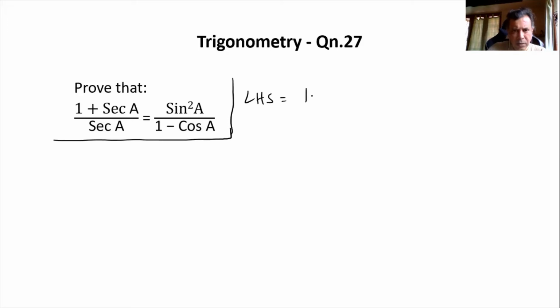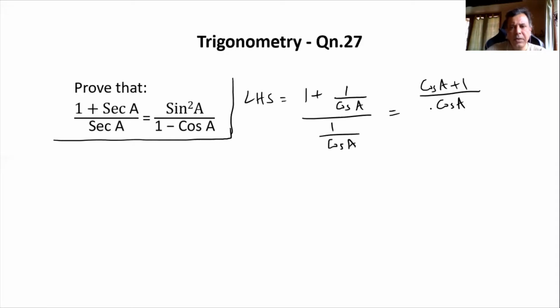I can write it as 1 plus secant A can be written as 1 by cos A divided by 1 by cos A. In the numerator, the LCM will be cos A. So cos A plus 1 divided by 1 by cos A. We can cancel this cos A and this cos A. So ultimately we are left with cos A plus 1. What is this? This is our LHS.